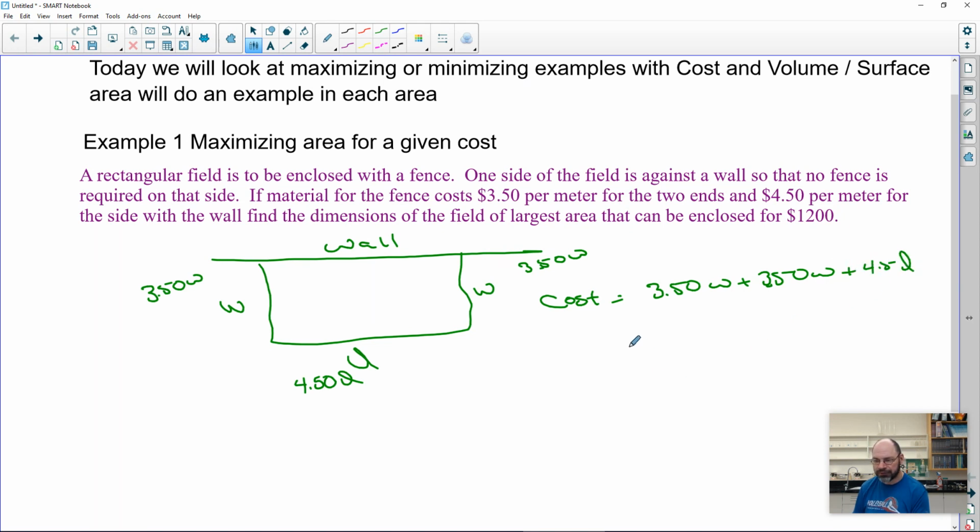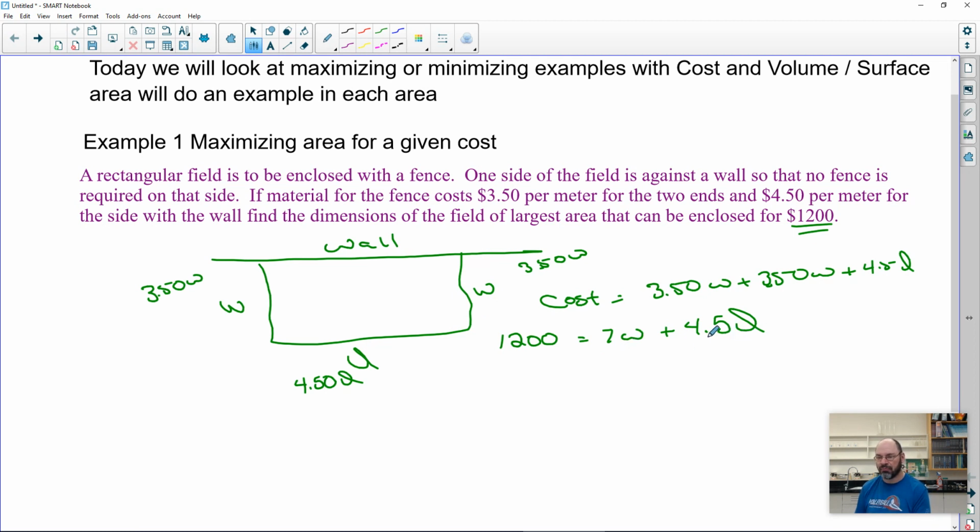So if I were to add that all up and equal it to $1,200 for our cost, the cost equation would be $1,200 is equal to $3.50 plus $3.50 is $7 W plus $4.50 L. So there's our cost of building the fence depending on what the dimensions of W and L are.